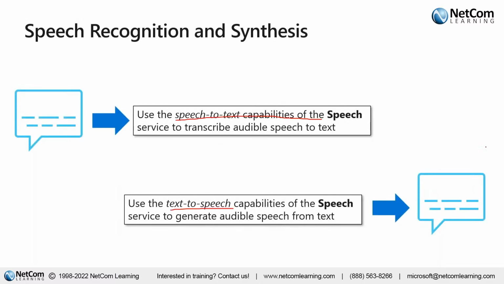If you look at an example, if someone tells you, hey, what's the time, it will use speech to text capabilities to understand what we said in the form of text. And then it will again use text to speech, which will generate the audible speech from text. So it will understand speech as text, then give a text reply which will be read out by the model.